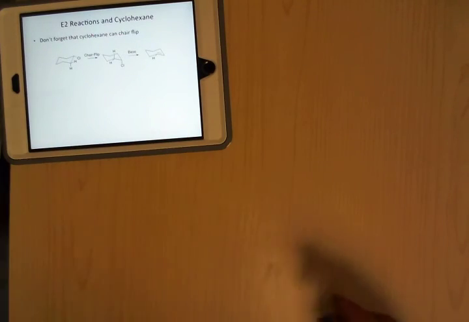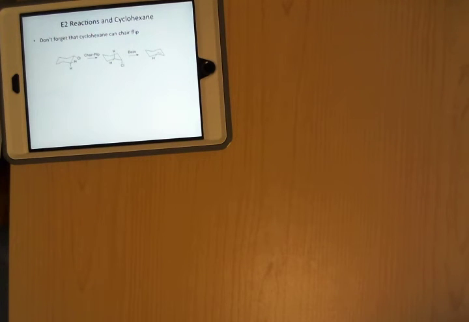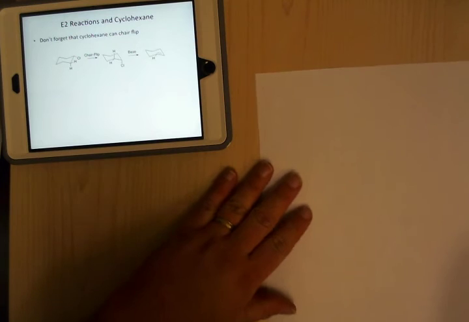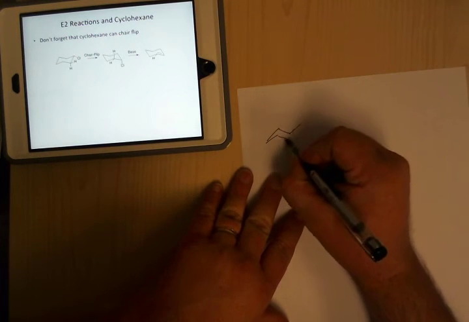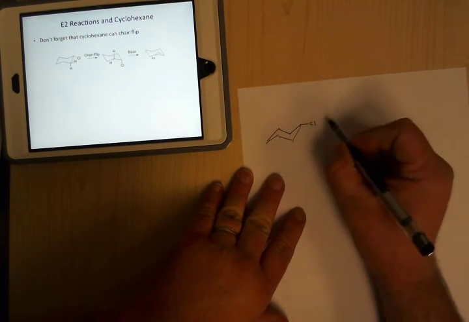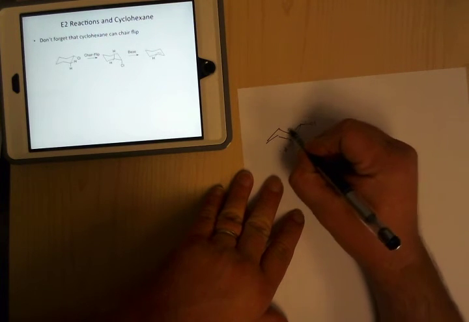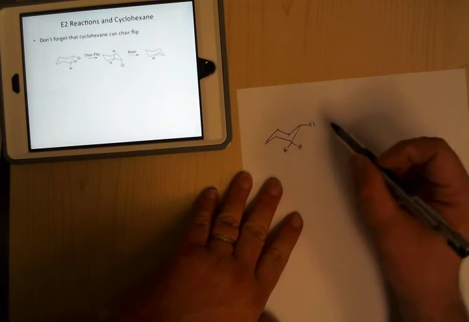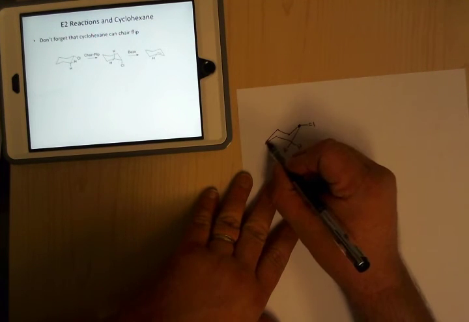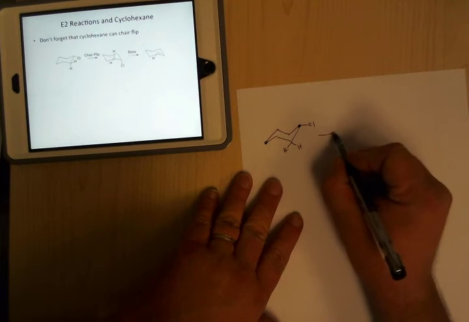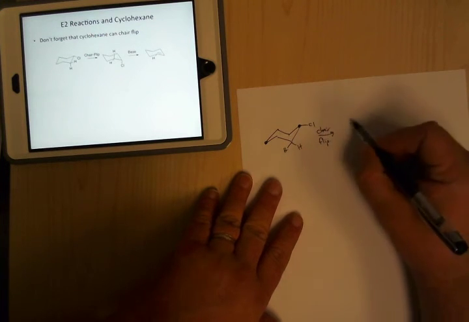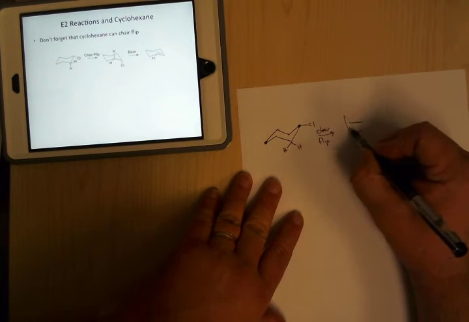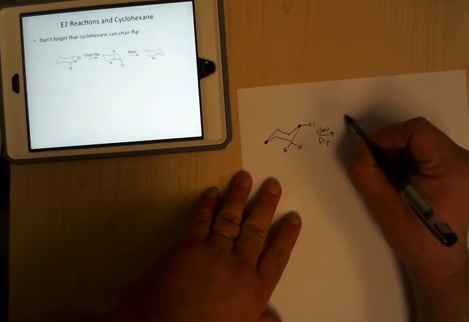So let's go through this example here. Let's say you have a Cl, H, H. In order for this to happen, you need to put that up, put that there. You need to do a chair flip. So that means this side goes up, this side goes down.